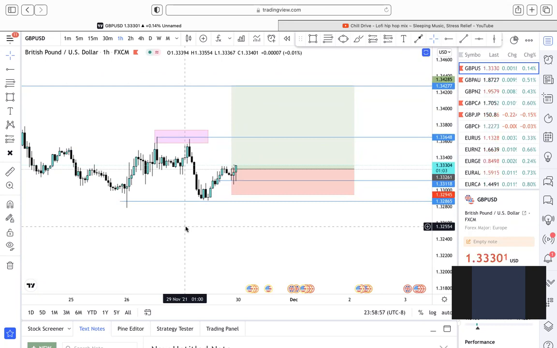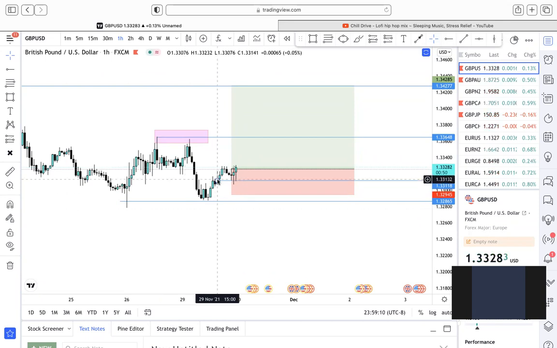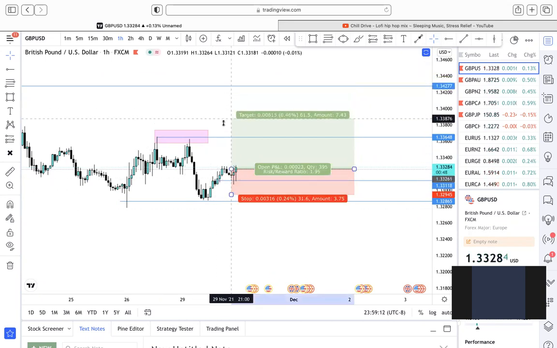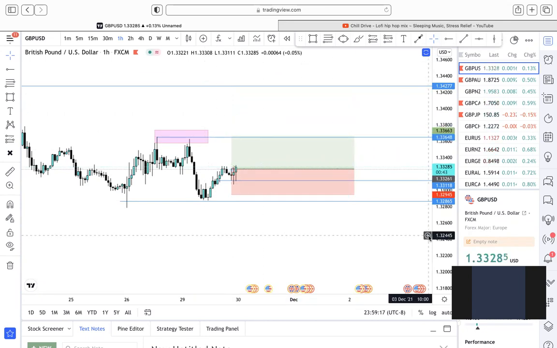So let me just send this to the group as well. GBPUSD buy now. My take profit one is going to be right on this equal highs, which would be 40 pips.